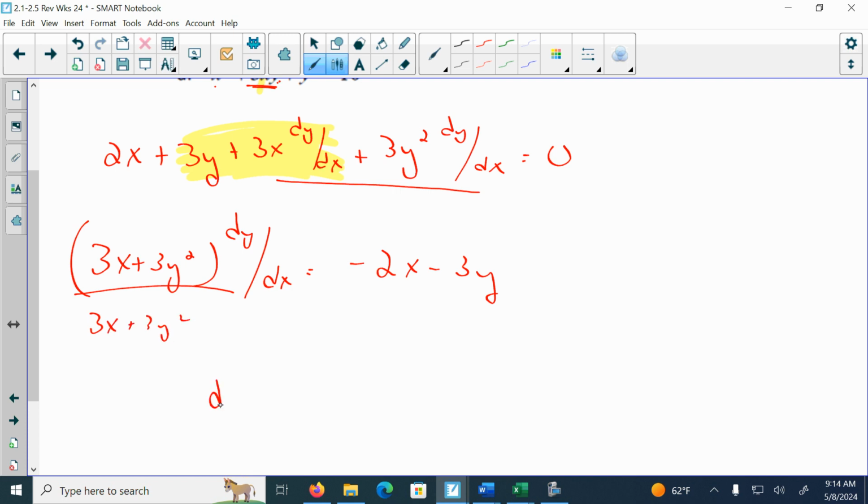So dy/dx is equal to negative 2x minus 3y, all over 3x plus 3y squared. Looking at my answer key, I actually have 2x plus 3y, but then down here I have a negative x minus y squared. So it's the same thing, just the negative sign switches from the numerator.